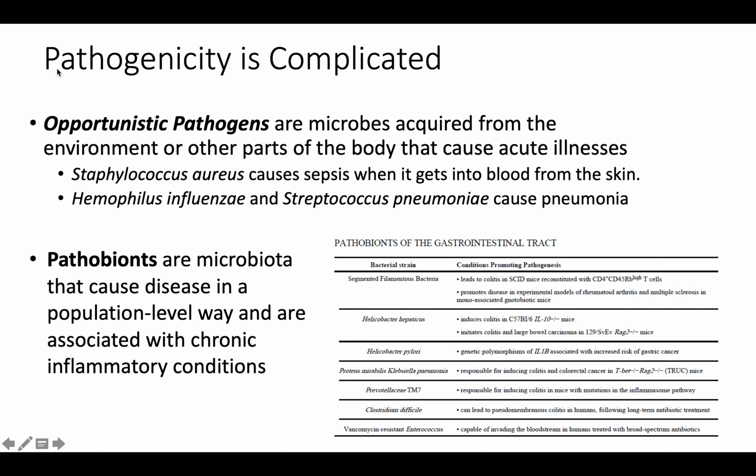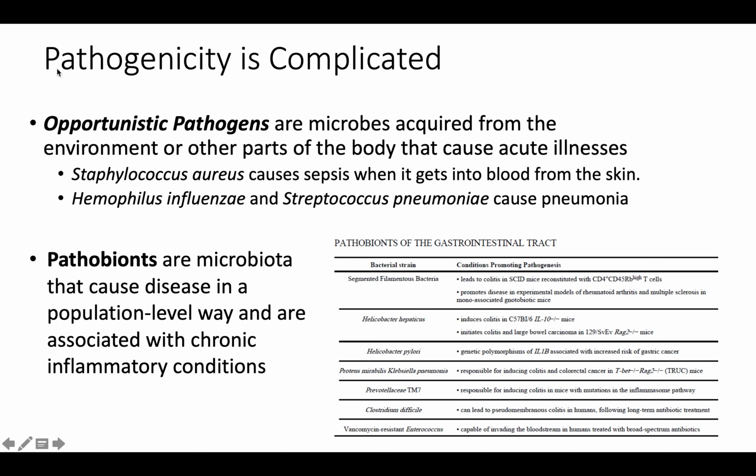And here's an example, Staphylococcus aureus. It causes sepsis when it gets into the blood from the skin. So it's somewhere where it normally doesn't occur. Usually, I think I'd mentioned this, about 30% of us have Staph aureus in our nasal passages. They're there, they are not causing a problem. But once that microbe enters the blood system, it can now become a serious pathogen.